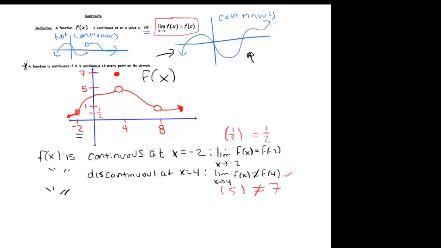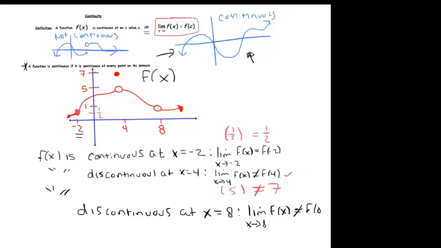f of x is also discontinuous at x equals 8. And this is because the limit as x goes to 8 of f of x is not equal to f of 8.